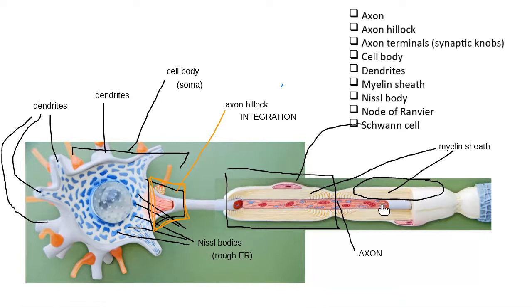When we get to the end of the axon, which is not included on our model here, we reach something called the axon terminal. On this model, you can't see the axon terminals at the end of the axon, but you can see them up here.